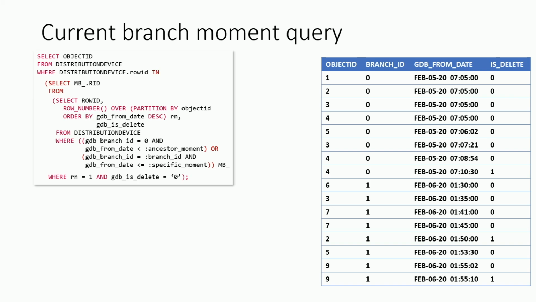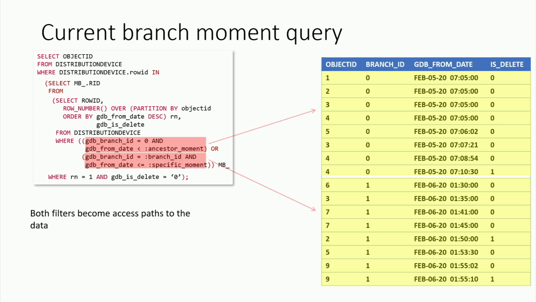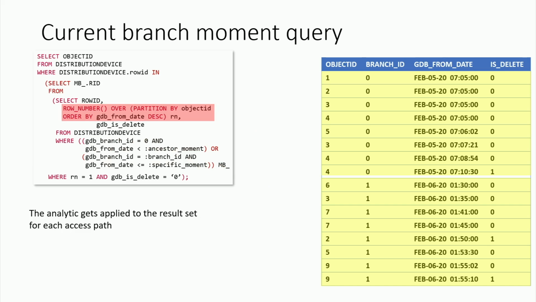Very similar, but slightly different, with the same patterns. Both of these filters, and there are 2 primary filters, are access paths to the data. On the top, we see branch ID 0, on the bottom, branch ID 1, essentially default and the version we just created in this tabular representation.